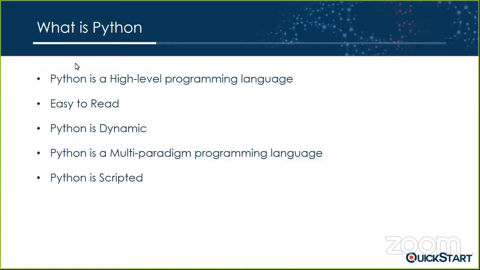Number one, Python is a high-level programming language. Like many other programming languages, Python is high-level, and we are not supposed to deal with low-level assembly instructions, which are very difficult to write and very difficult to understand either. When I say high level, it means as a developer, we are not supposed to deal with registers, memory, memory addresses, call stacks, all these different kinds of things.